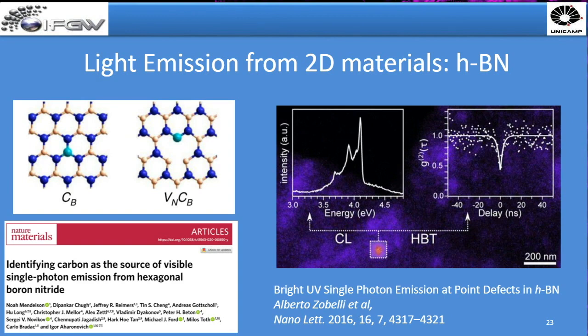And this is then again interesting because hBN is a very good light emitter at room temperature, and if it's emitting single photons at room temperature, you can think about making electronic devices that would emit a single photon on demand, and there are plenty of industrial applications in cryptography or quantum computing that could use this device.